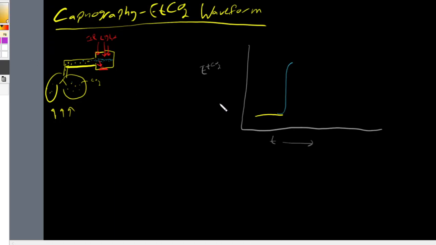So there's going to be a plateau point right over here. And usually at this point, at this end, is where our end-tidal CO2 number shows up. So let's say at this point, our end-tidal CO2 is 40.